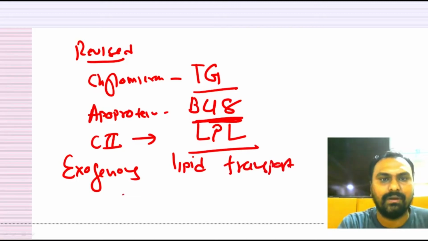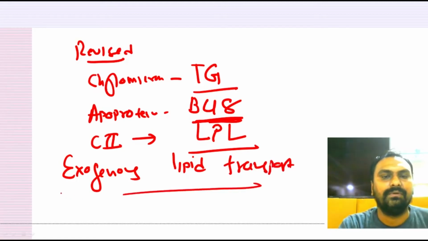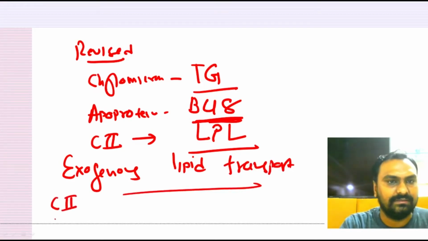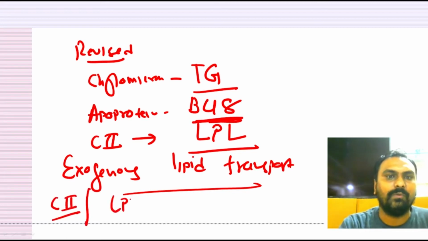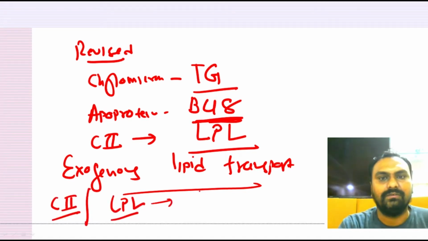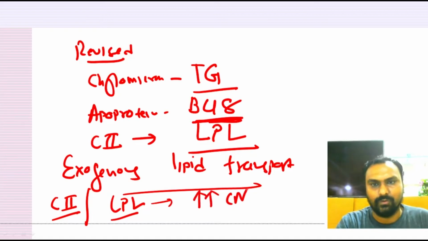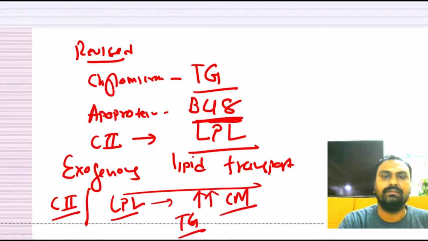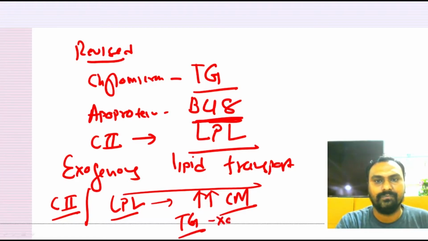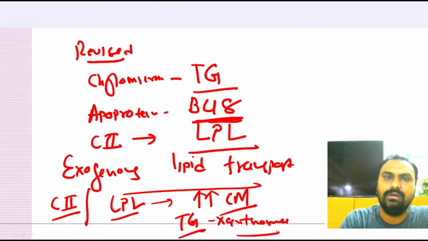We will learn in hyperlipoproteinemia that if ApoC2 or lipoprotein lipase is deficient, it will lead to increased chylomicron and increased triglyceride in our body, and it leads to xanthoma. This is a clinical application of chylomicron metabolism.